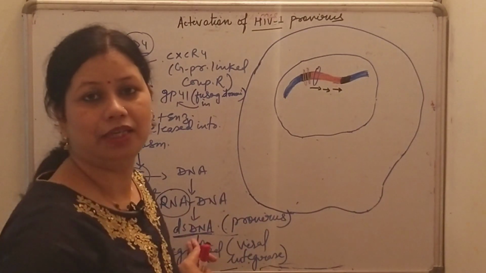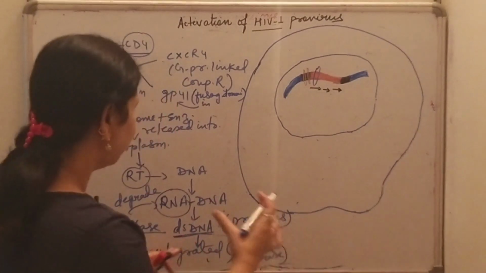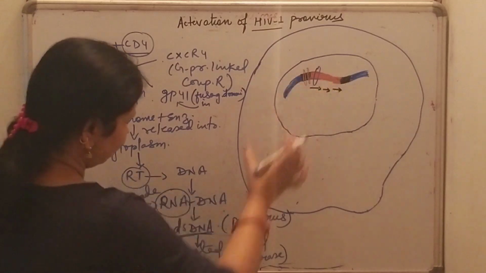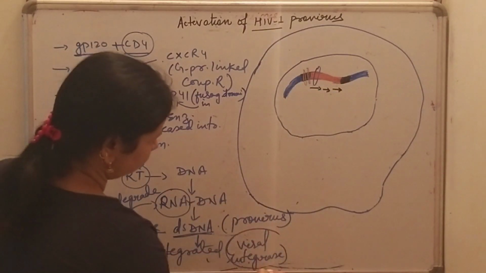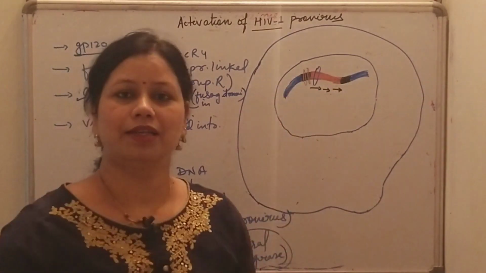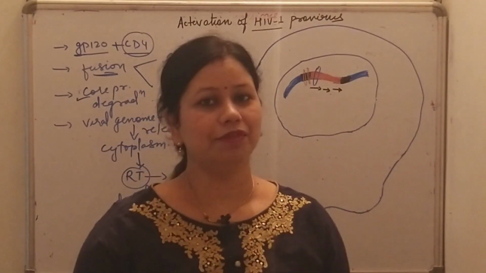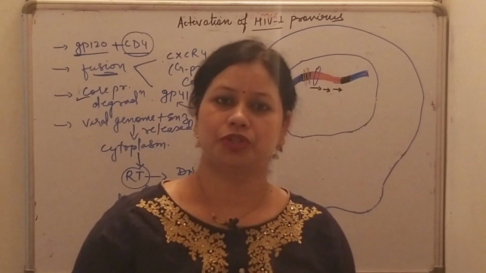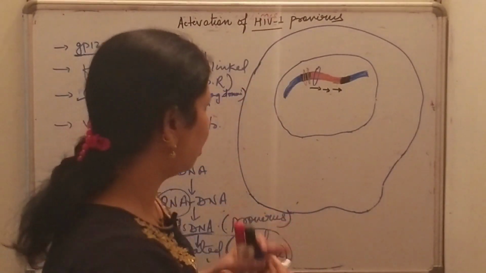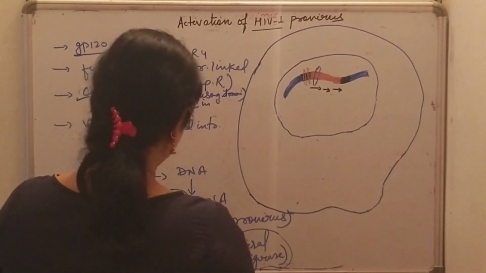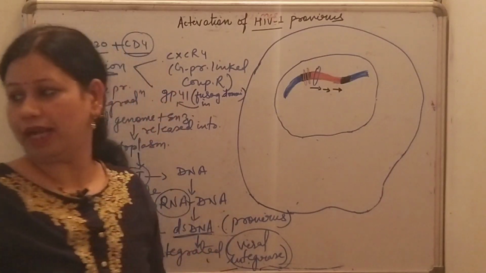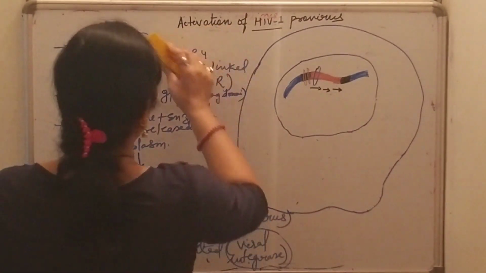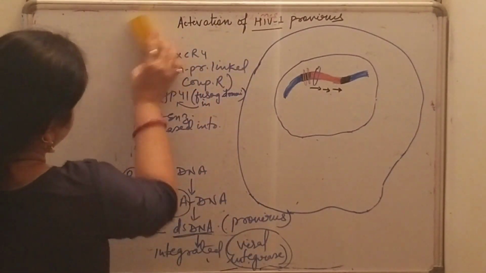This double stranded DNA molecule, the provirus, becomes integrated into the host cell genome by the viral integrase enzyme, and this provirus remains latent until events in the infected cell lead to its activation, resulting in the formation of more virus particles. So now let's start with how the activation of this HIV-1 provirus takes place.